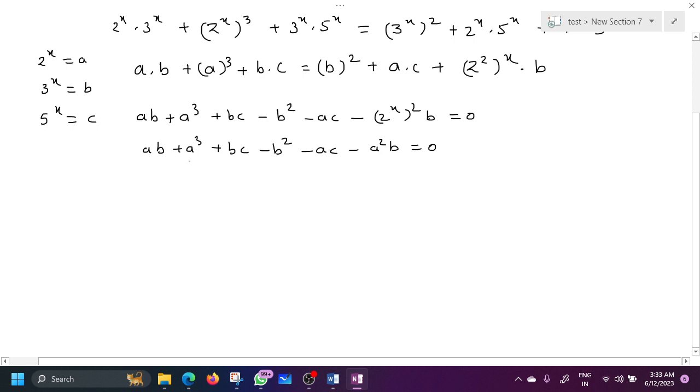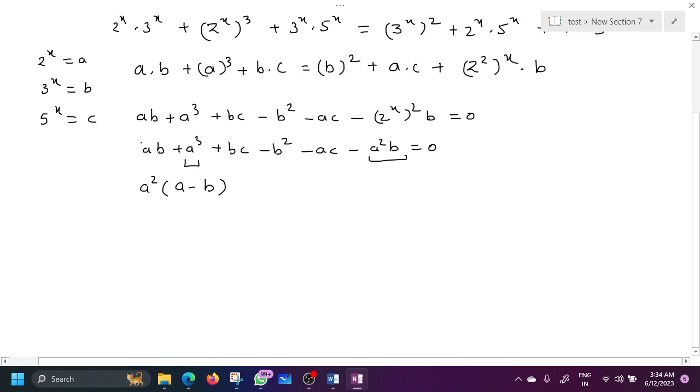Let us first see the maximum power of A is 3, and then you have a power of 2 on A. So let us combine them and take A square out, then we'll get A minus B from these two terms. How can we get A minus B again?